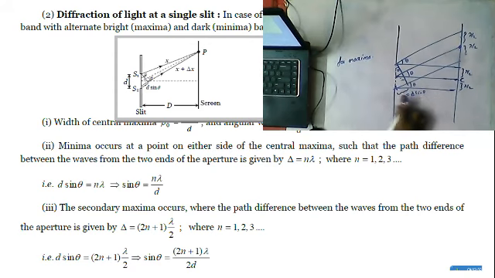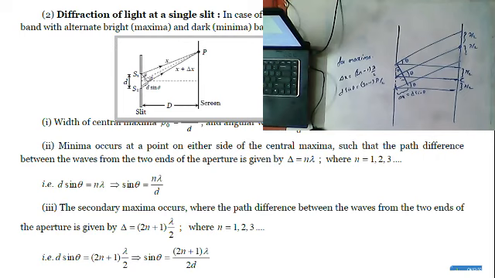This is a path difference. We can write it as delta x. Delta x is equal to 2n minus 1 lambda by 2. That is, we can write here d sine theta. D sine theta is equal to 2n minus 1 lambda by 2.